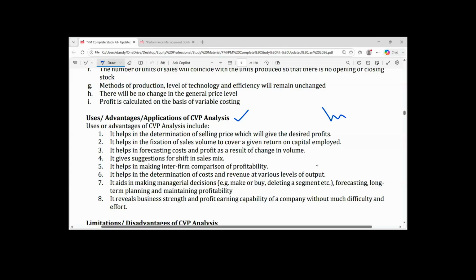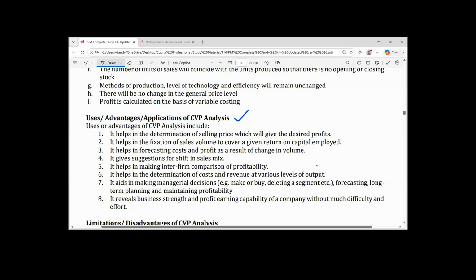Once we establish the level of sales that we need to make, we need to back it up with aggressive marketing and every other action that the company needs to take in order to achieve the targeted goal. So, like I was trying to say, CVP is not just theory. Not just because you want to write an exam, that's why you are learning.